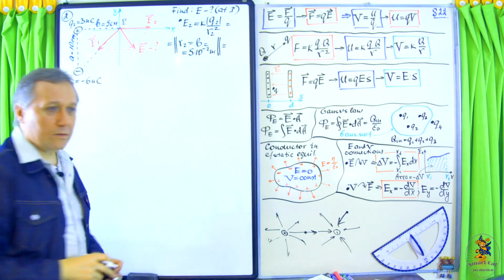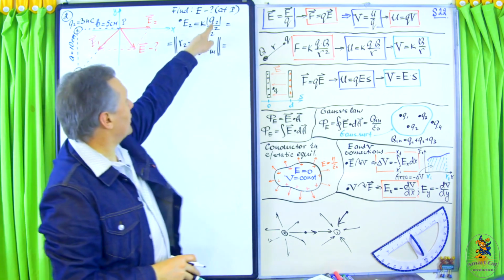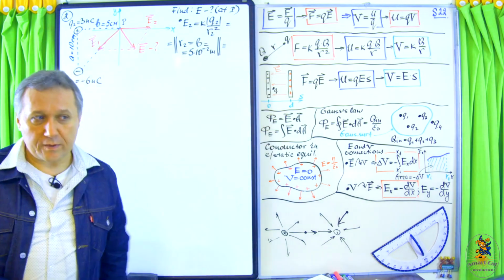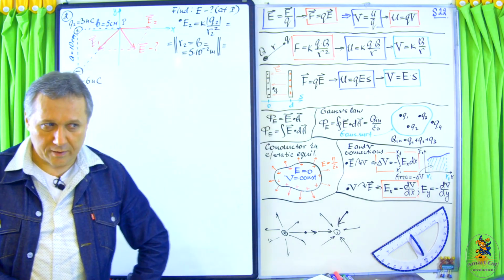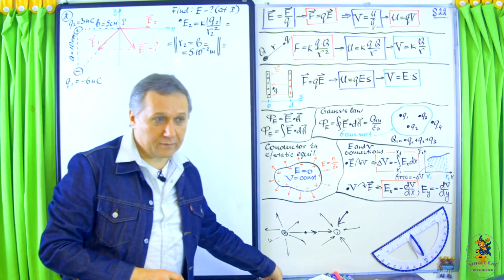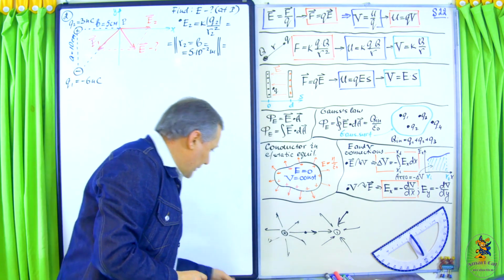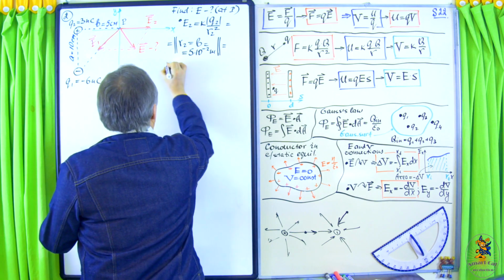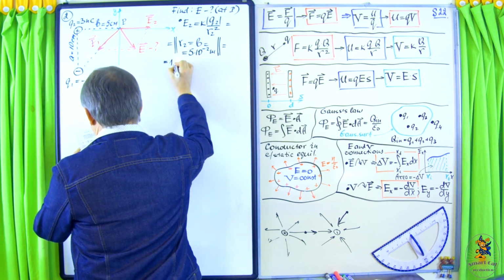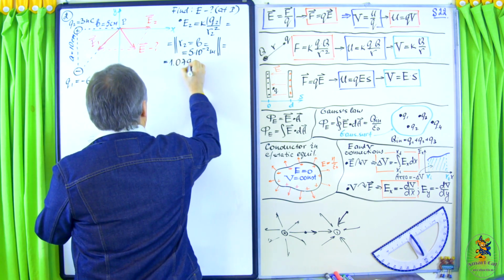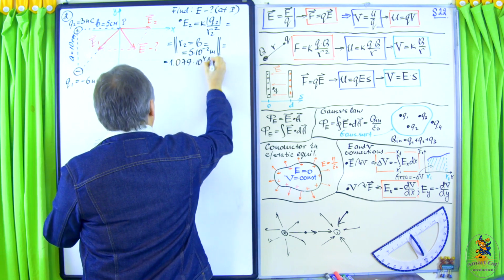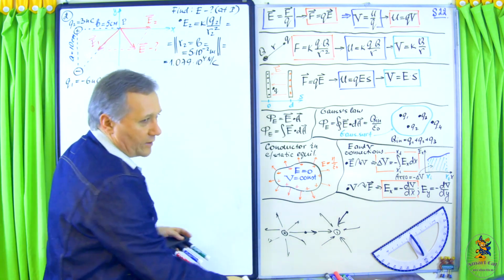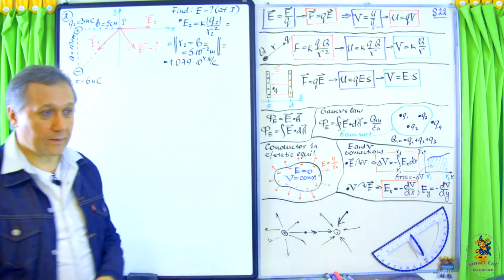And again, you see I put an absolute value because we're trying to find the magnitude, and magnitude of any vector cannot be negative. So if you plug in numbers, you're going to get, okay, I will write lower, 1.079 times 10 to the power of 4 newtons per coulomb. I use significantly more sig figs because it's not the final result.